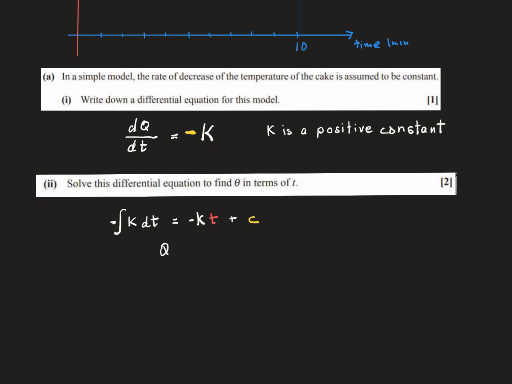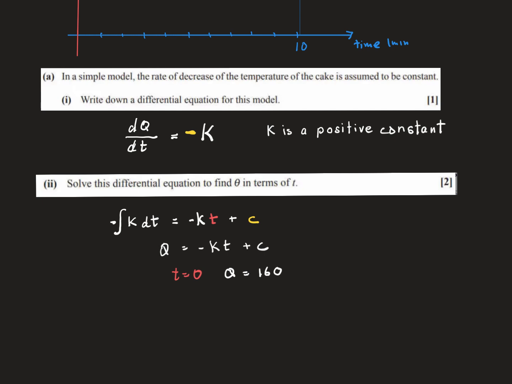So theta is equal to minus k t plus c. Now we could find out what the k is and the c with the information that we were already given. And we know that at t is equal to 0, our theta is equal to 160. That's from the information above.